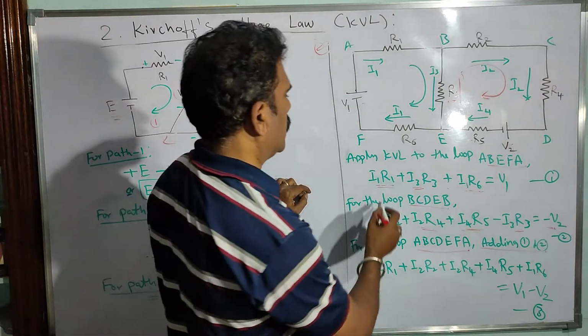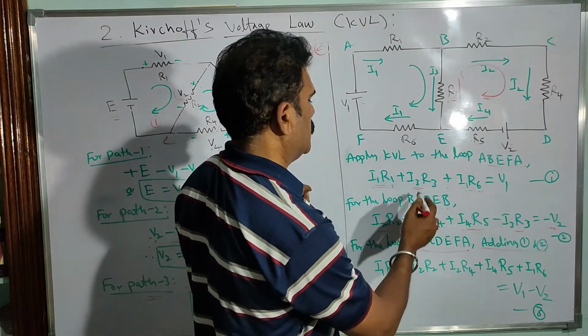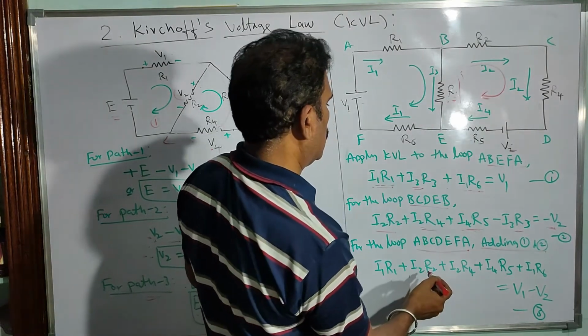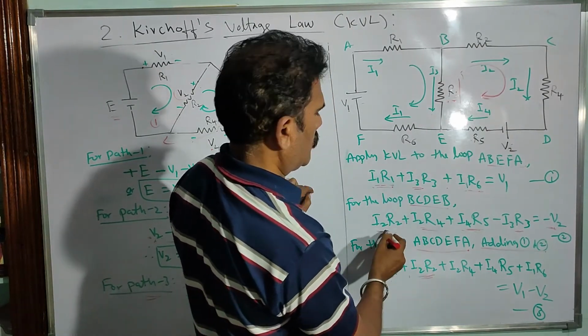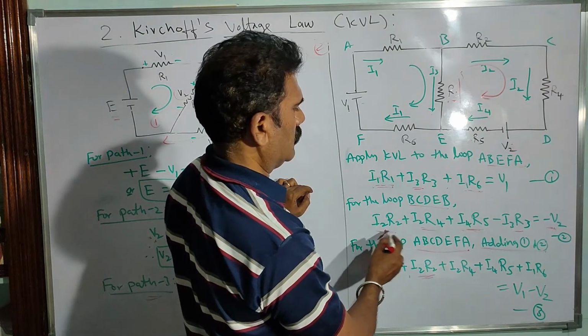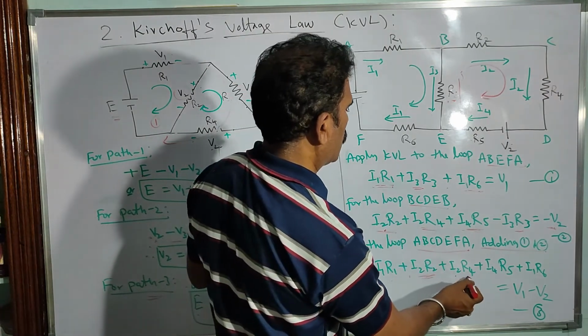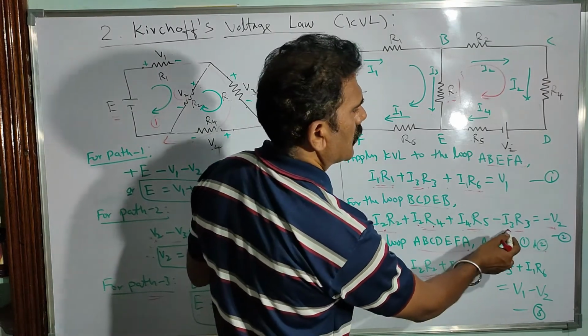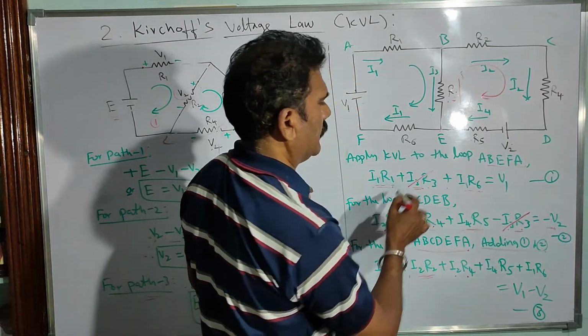You will get I1 R1 plus I2 R2, I2 R2 is there here, plus I2 R4, then I3 R3 here minus I3 R3. So this cancels when you add.